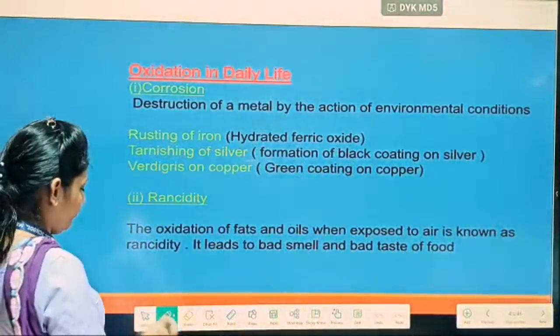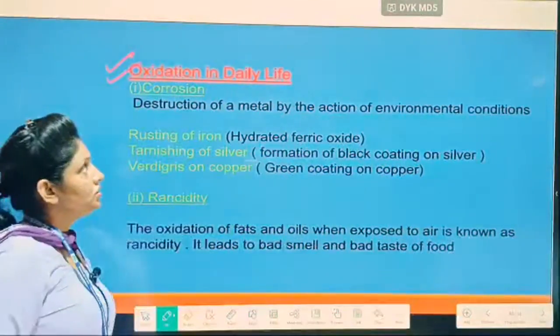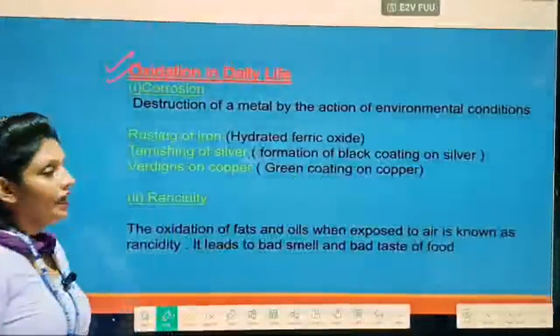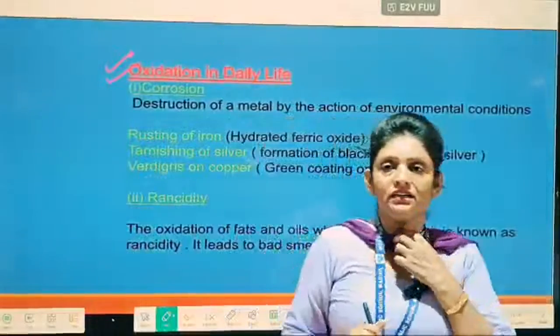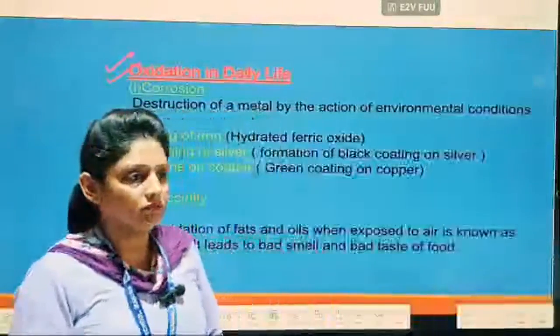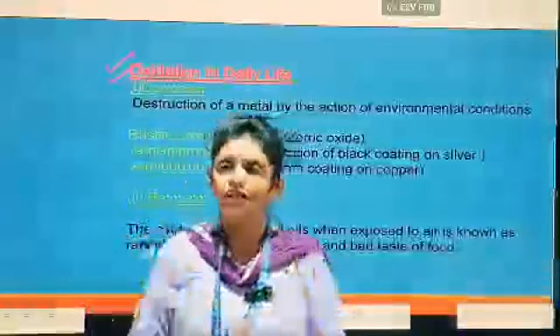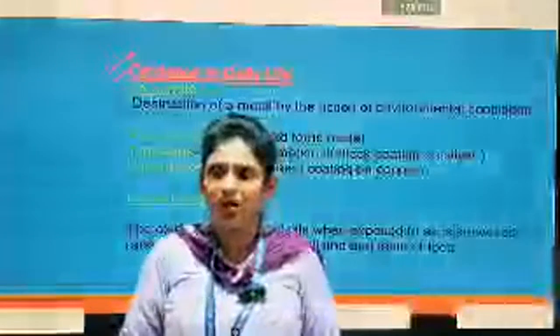Students, a number of oxidation processes take place in our daily life also, like rusting of iron, like rancidity, like conversion of silver into green color and conversion of copper into black color.